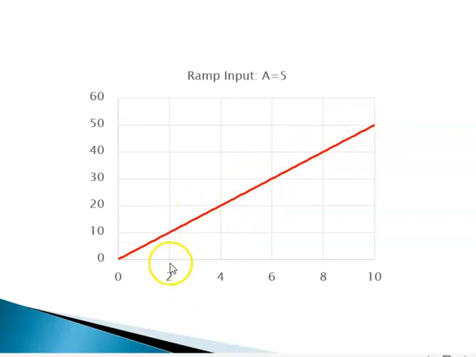You can see at time t equal to 2, it is 2 times 5, 4 times 5, 6 times 5, and so on, 8 times 5. That is, the output is A times time. Along the x-axis you have time, along the y-axis you have input.